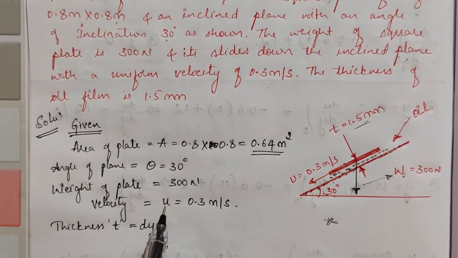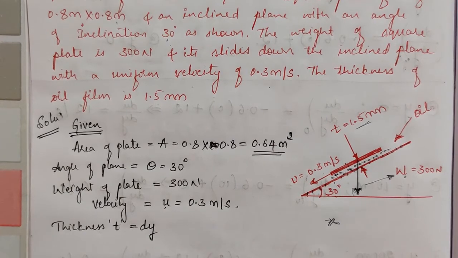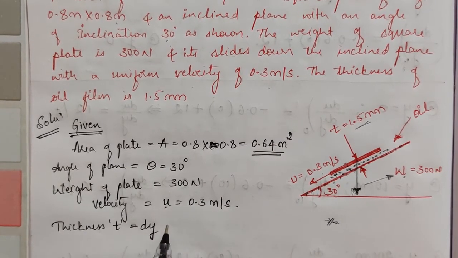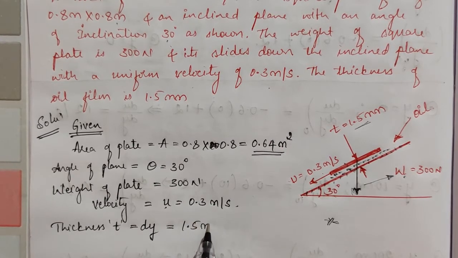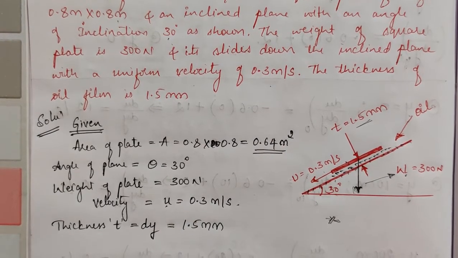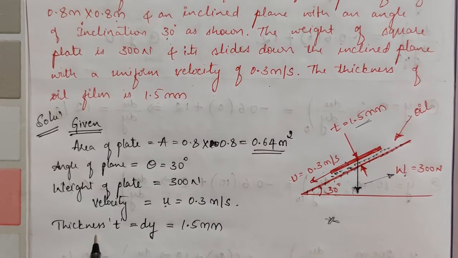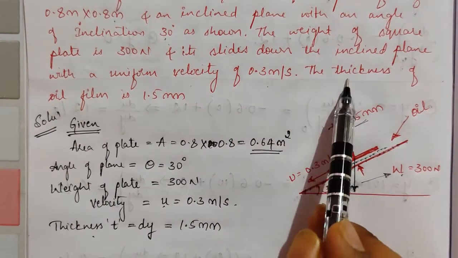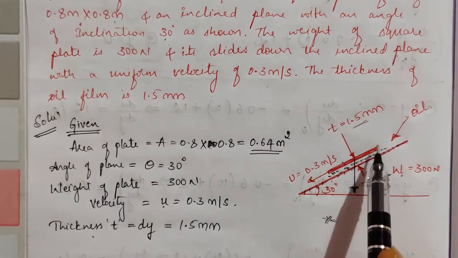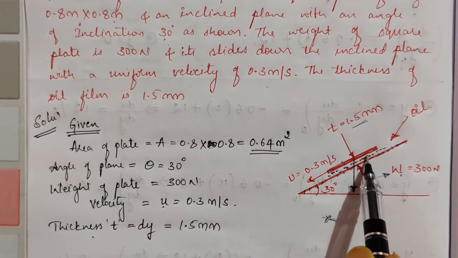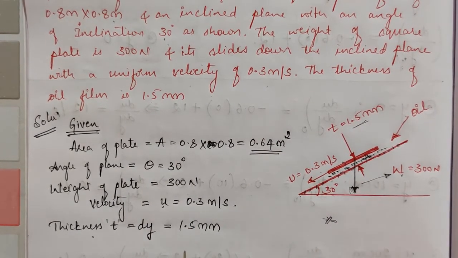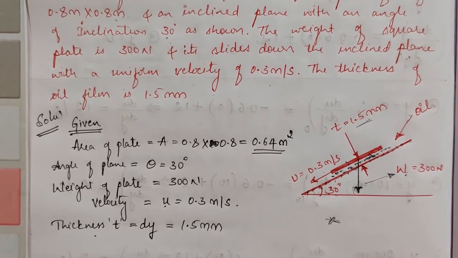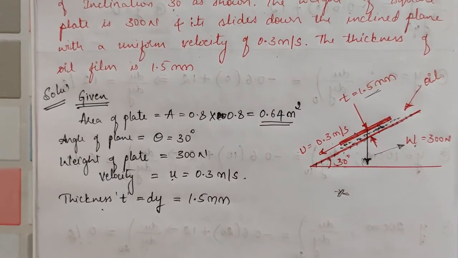So du I can find out from this if in case I require. So I'll take thickness as dy, 1.5 mm. Okay, this thickness is of the oil film. So here the distance is 1.5 mm, and I'll take that as dy or t.